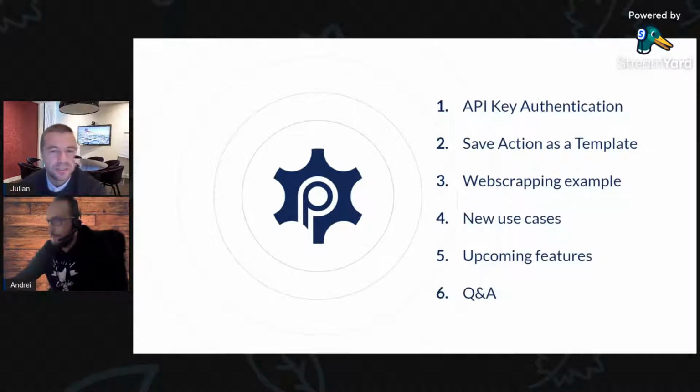Just to give a little intro about PROCESIO, maybe for those of you that are joining for the first time, what is PROCESIO? PROCESIO is a no-code, low-code integration platform as a service for building custom automation and integration software. Let's say that you, as a founder or as an enterprise software company, would like to create integrations, but you don't have the time or the resources or the skills to build custom software from scratch.